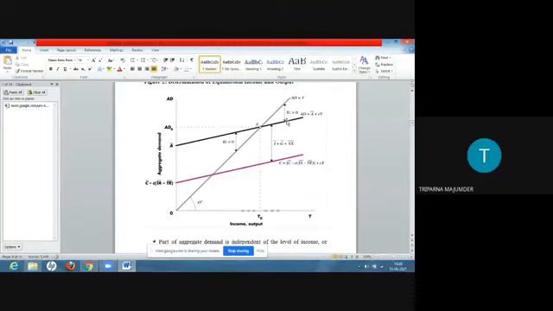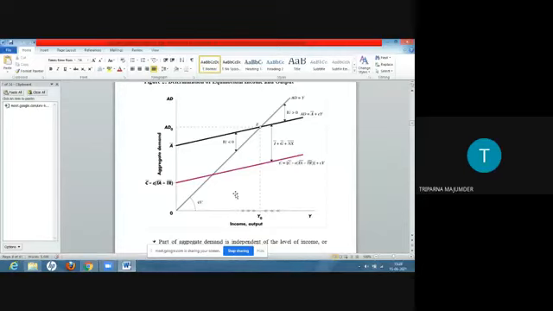Producers will want to reduce that inventory, and we will ultimately move towards E, because producers will cut down on production.